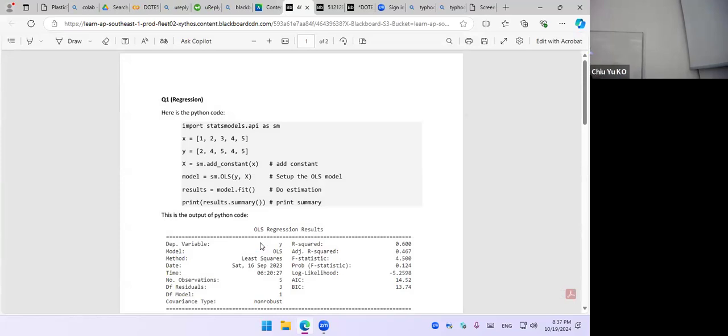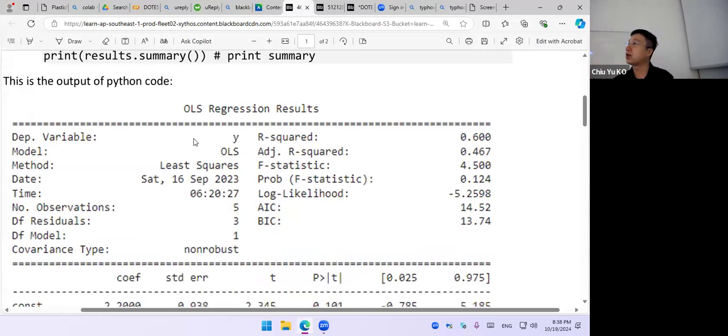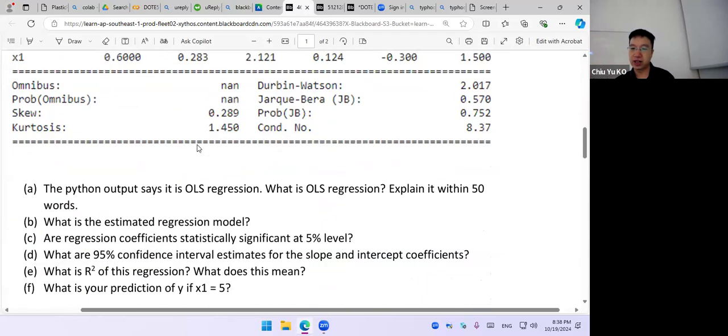Because some of you asked me, we don't allow you to bring your computer, then why ask about code in the exam? This is a good question, because now you know what I mean by the code. Basically, I will give you the code, like this. This is regression, and this gives you the data and the output, and then what it asks is like this.